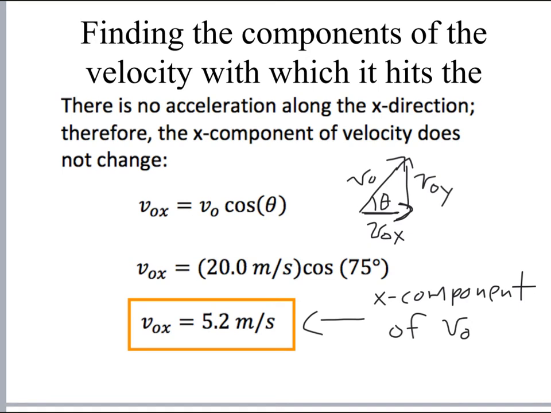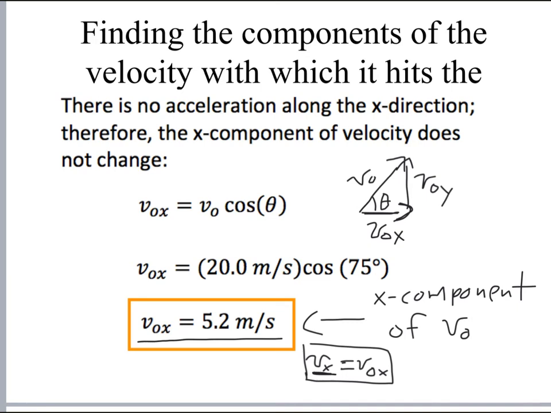Now, one thing we want to remember is that from our kinematics equations, we know that Vx is equal to V naught x, and that's constant. Because there's no acceleration in the x direction, the velocity that we got here is not just the x component of the initial velocity, it is the x component of the velocity always throughout that entire motion.